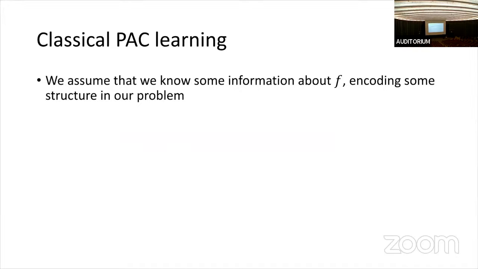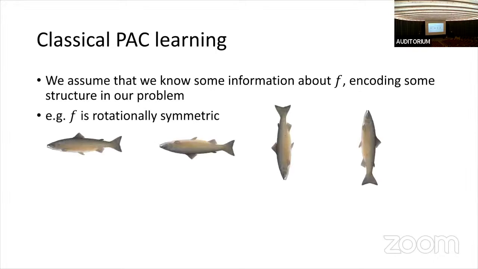Finally, if we had no information about what the function is that we're trying to learn, that would be an extremely difficult problem because there are doubly exponentially many possible classifiers. So to even describe a generic classifier takes exponential information. For example, in the case of the pictures example, we know that whether or not a picture contains a certain animal is a rotationally symmetric property.